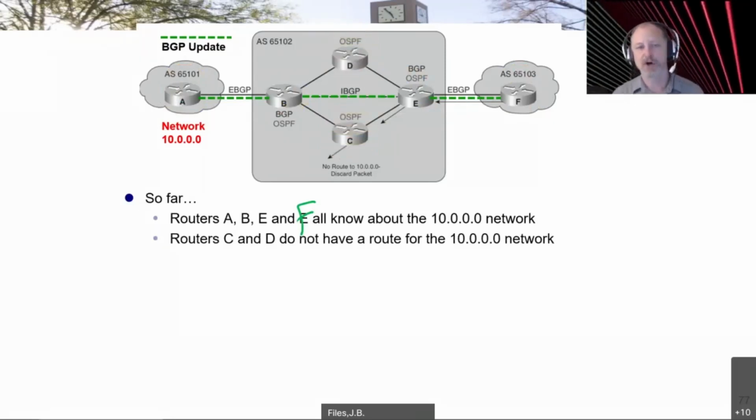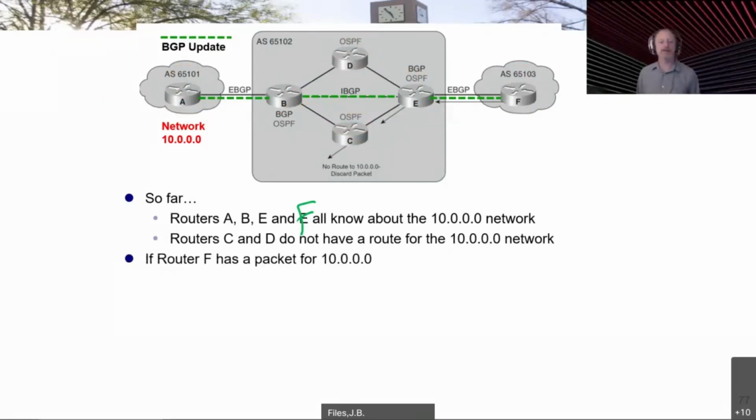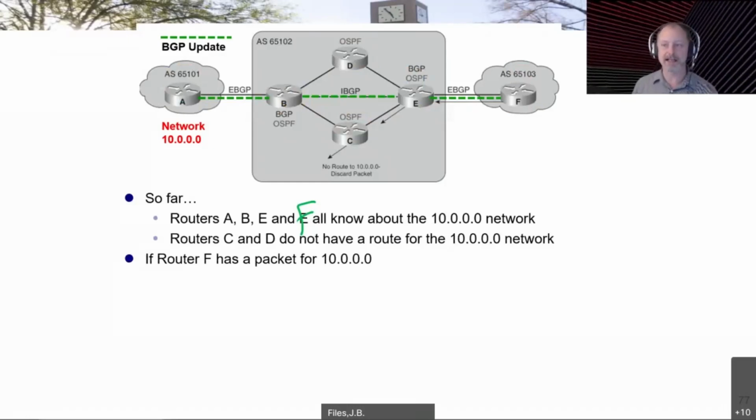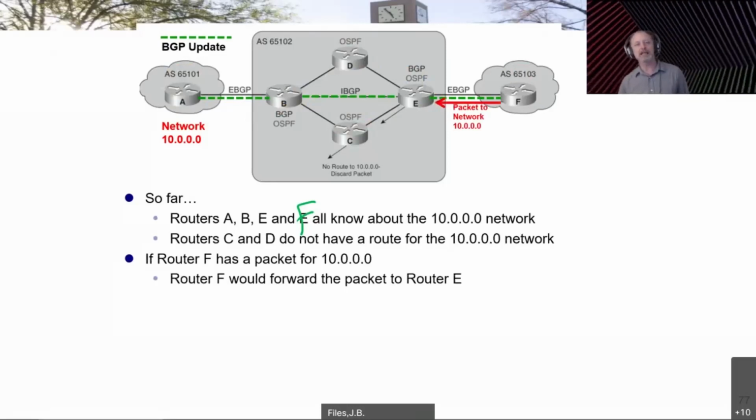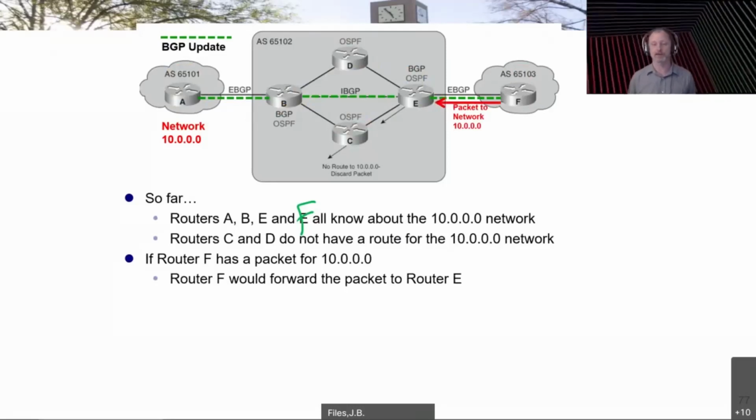If router F has a packet for the 10 dot network, it's going to send it to router E because it learned about it from there.